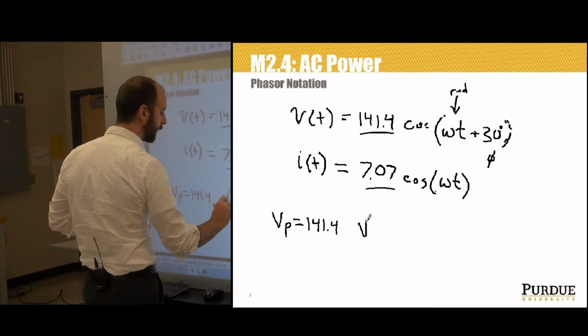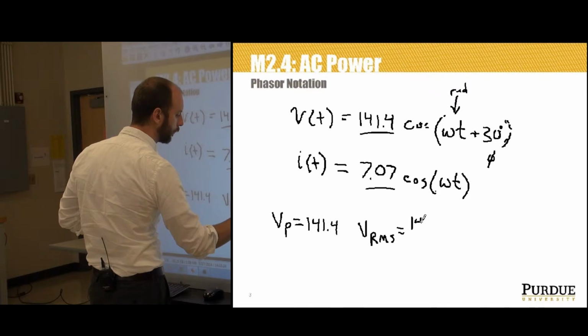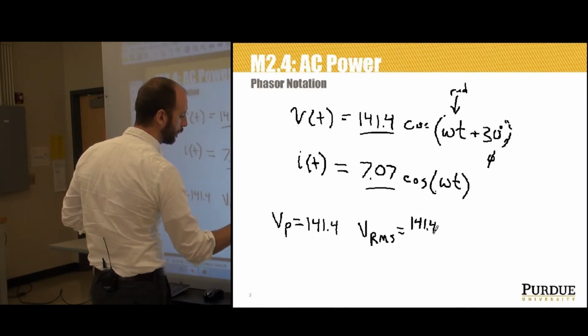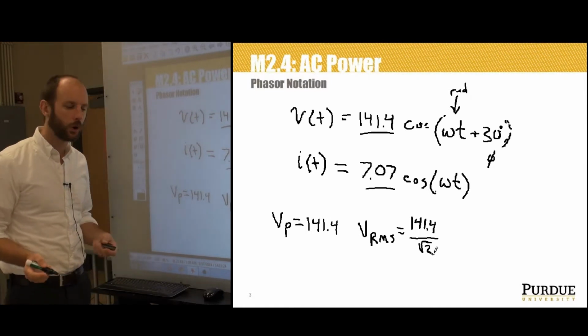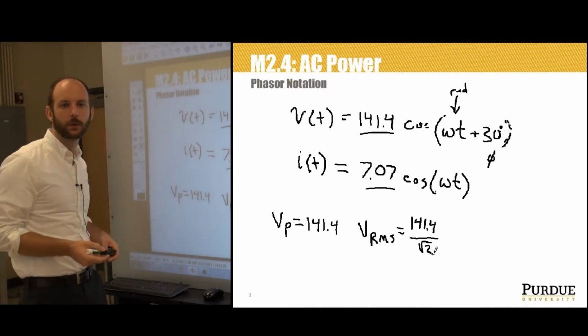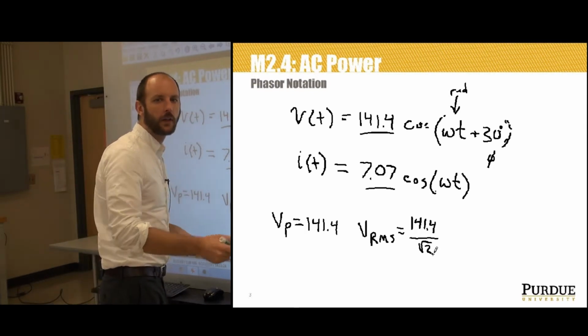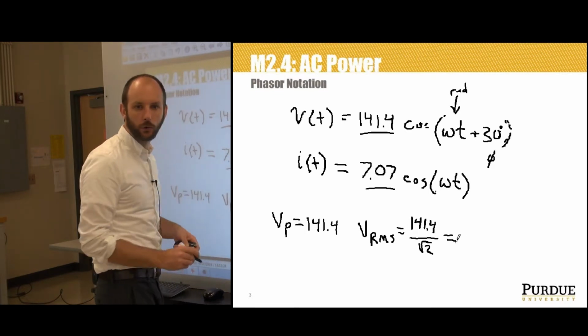When we say V_RMS, it is equal to 141.4 divided by the square root of 2. You'll recall the approximate value of the square root of 2 is 1.414. And this is going to give us an RMS value of 100 volts.